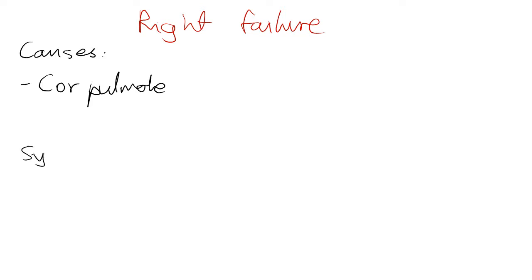So what are the symptoms of right-sided heart failure? Well, think about, since the right side of the heart is not working properly, then essentially there's a lot of blood being backed up in the systemic circulation. And if you can think about the effects that can cause, well, essentially we'll see effects around the entirety of the body.